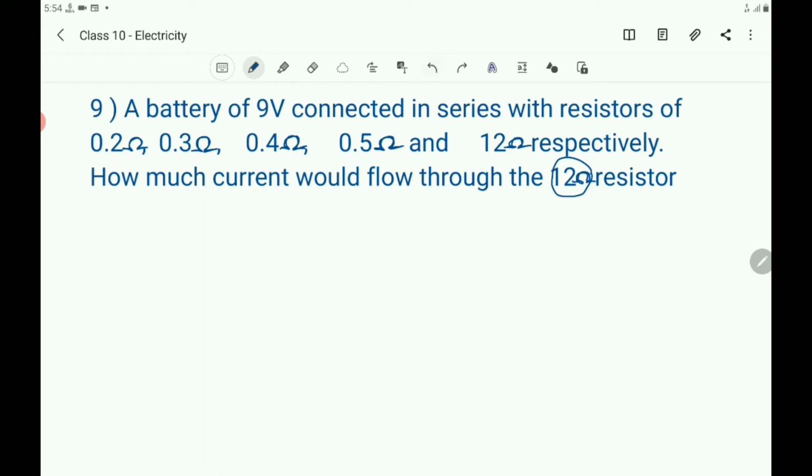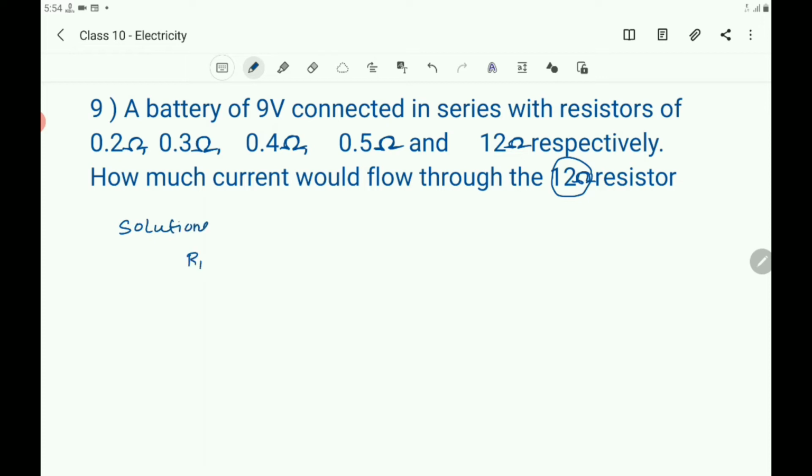In a series connection, the equivalent resistance, or the total resistance, is equal to the sum of the resistances of the individual resistors. So here is the solution.